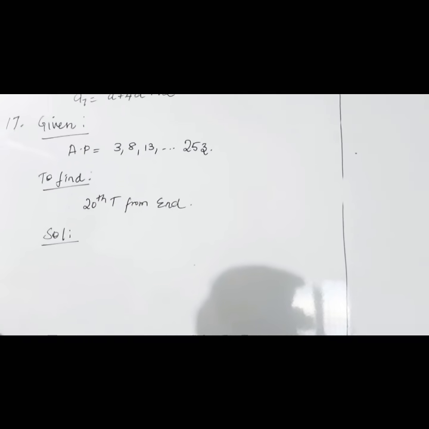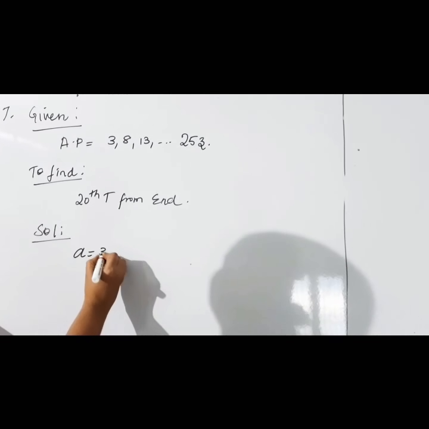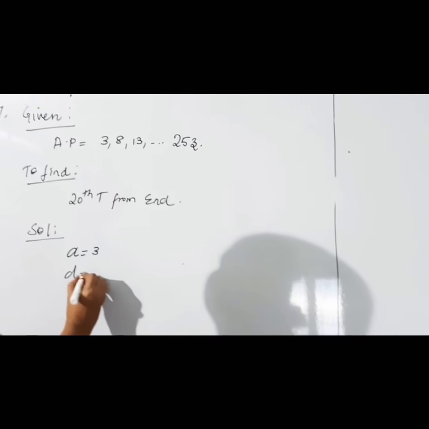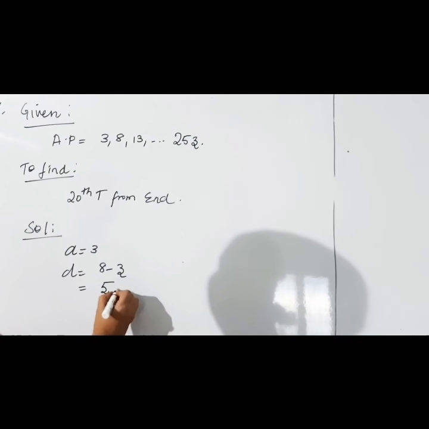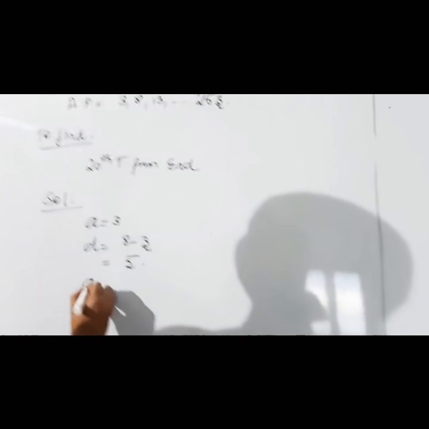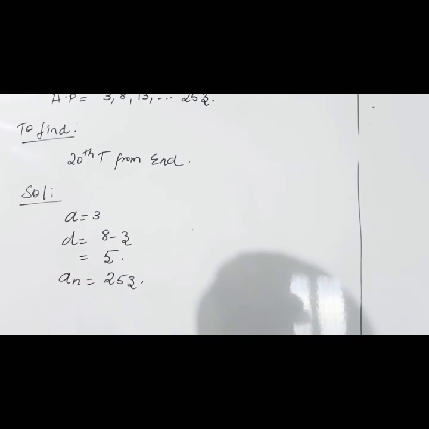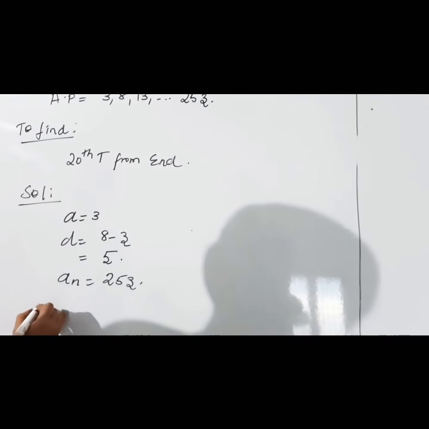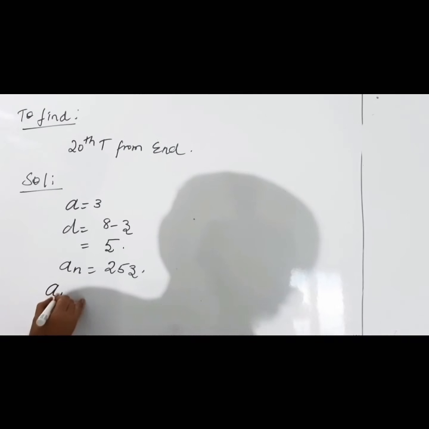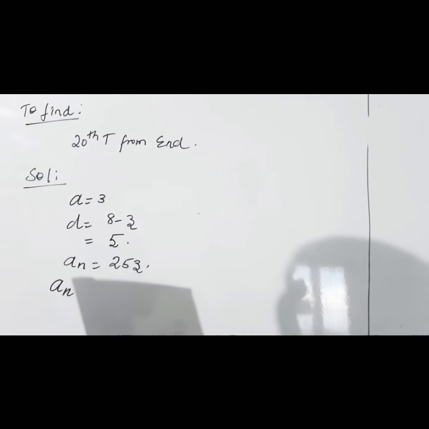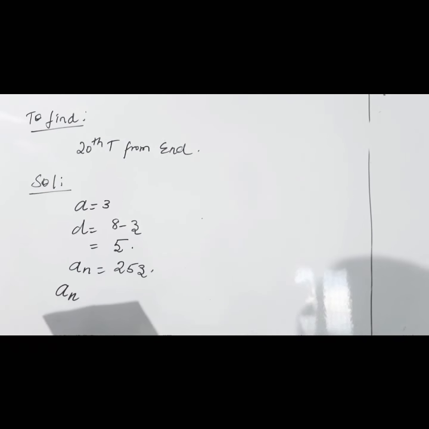Let's start with the solution. From the given AP, we can find out the value of A, which is 3. We can find out D, which is 8 minus 3, equal to 5. What is your AN? That is your last term, 253. Now we are going to learn a new formula to find out a term of the AP from the last. You need to find out the 20th term, which we can consider as AN.